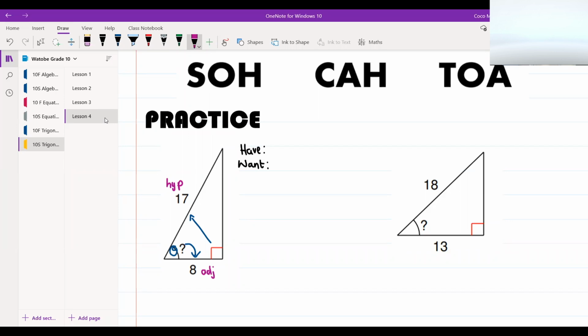For the previous question, we said sin, and then we press the shift button, right? And then say sin, and it will give us sin to the power of -1. And then I put in the fraction 2 over 1, and then I close the bracket. Remember, sine is O over H. So the opposite side was 1 and the hypotenuse was 2.